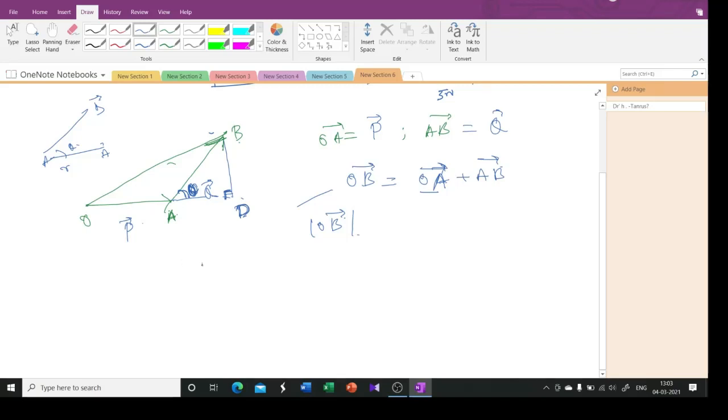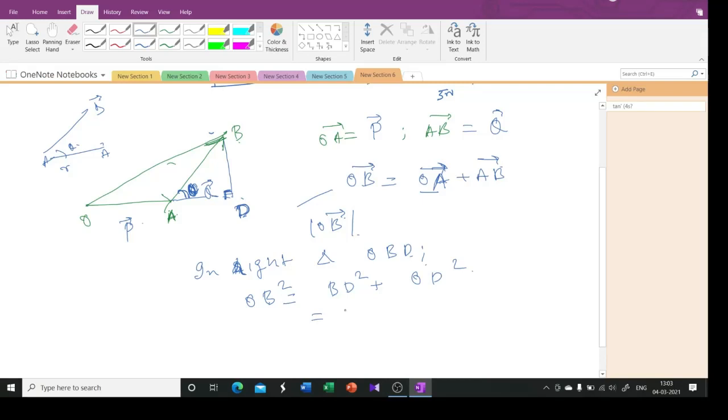So now in right triangle OBD, we apply Pythagoras theorem. Okay, so what is OB? OB square. OB is the hypotenuse, so OB square is simply BD square plus OD square. Simple enough.